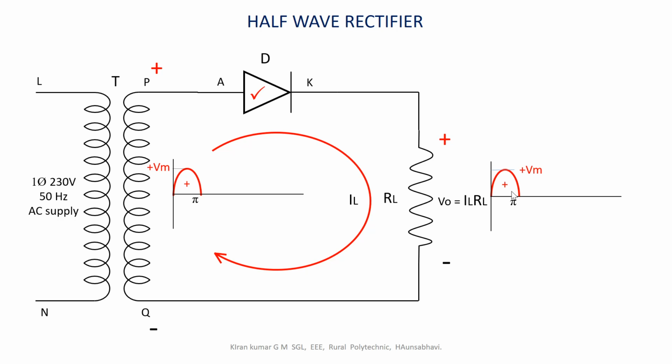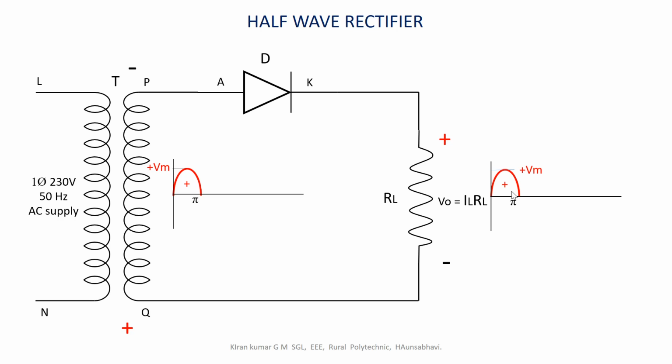After this first half cycle of the input, from pi to 2 pi, when the negative half cycle is input, the polarities of terminals P and Q are interchanged. That is, P becomes negative and Q becomes positive.